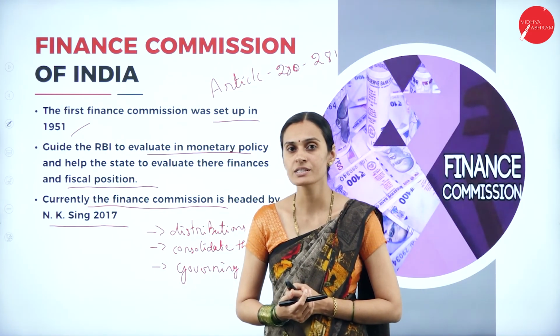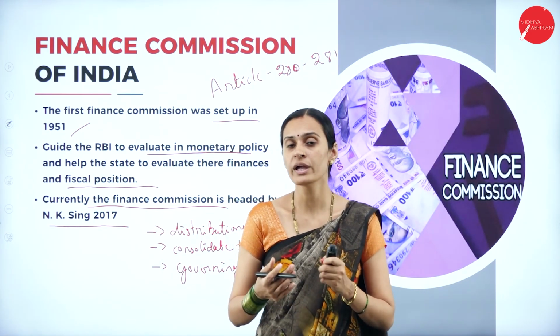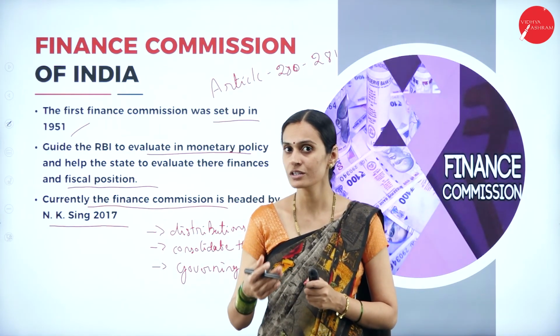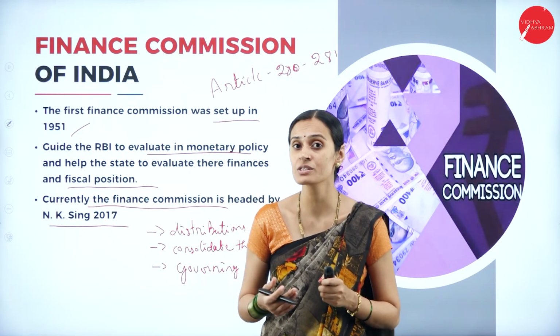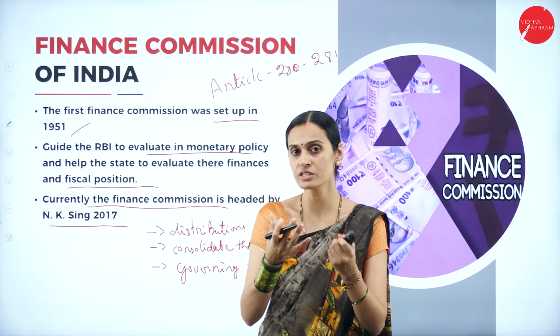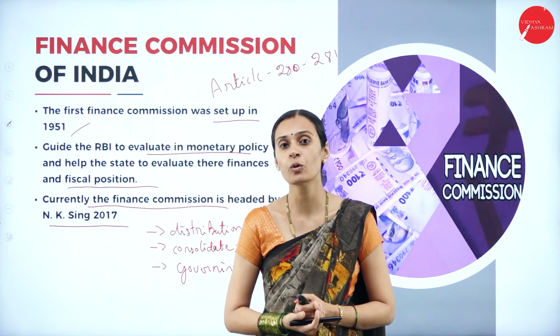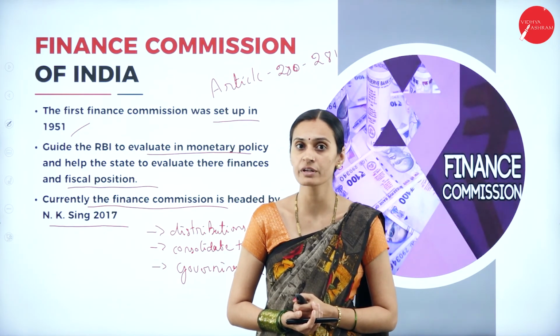Dear students, I am coming to the conclusion of this chapter. We have discussed what fiscal policy is, the different objectives of fiscal policy, and the different measures taken by the government to reform the fiscal sector. Of course, RBI played a very important role to control and manage the fiscal sector of our country.